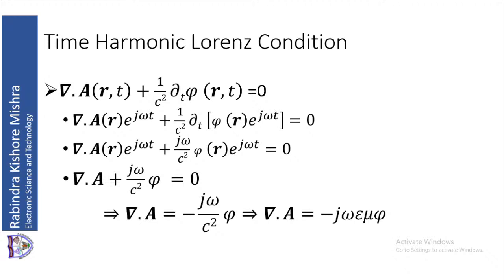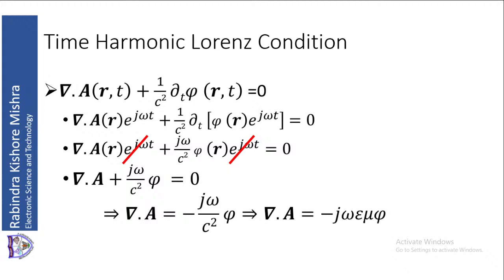Using that, in the third line we get divergence of A(r) exponential j omega t, which remains as it is, plus j omega divided by c square, which comes from differentiation, phi(r) remains as it is because dou t is not operating on it, then exponential j omega t, that is equal to 0.